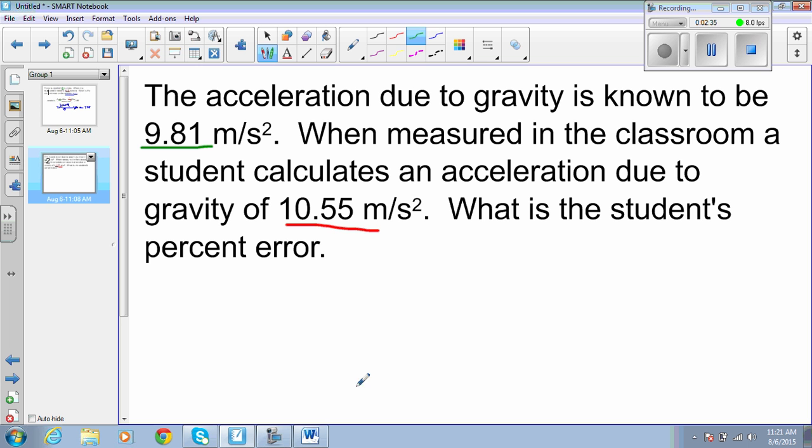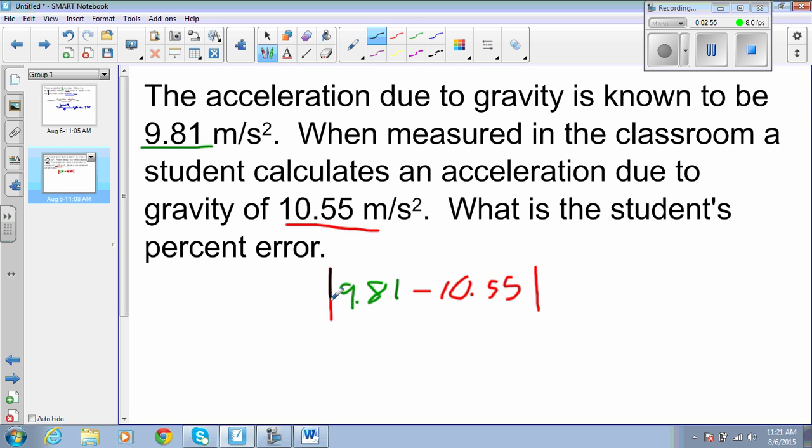That's the actual value they get in the classroom, and this is our predicted value. Okay, so we got 9.81. We're going to calculate the percent error. 9.81 minus 10.55, and we're going to take the absolute value of that. Let's do that in a different color.